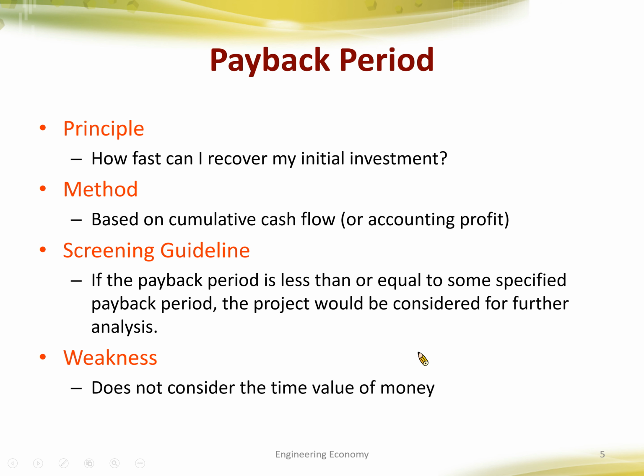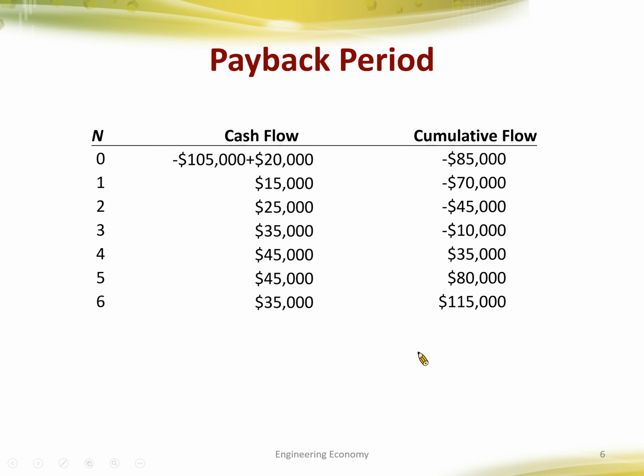Okay, so let's look at how it works. I think it's probably quite easy to understand. For example, we look at our cash flow. Remember, we have benefit, we have cost, we have net cash flow. When we do analysis, we only need to look at net cash flow, because in terms of present worth, if it's positive, we'll accept.